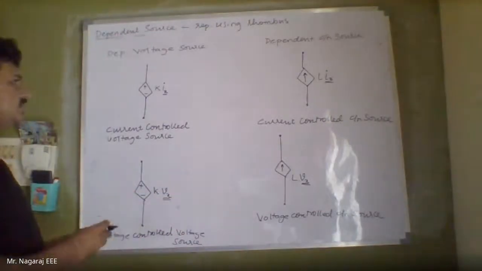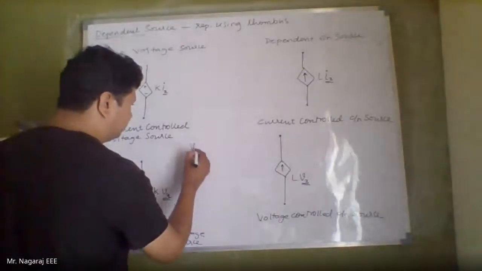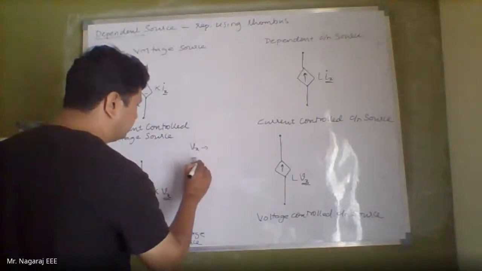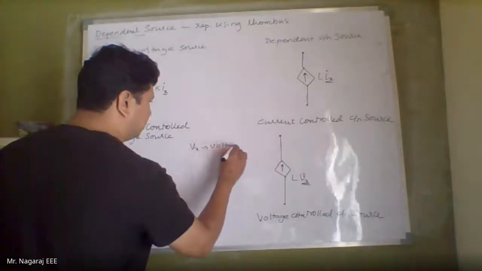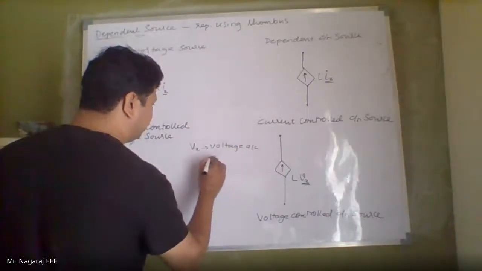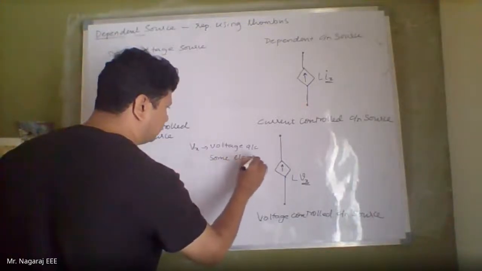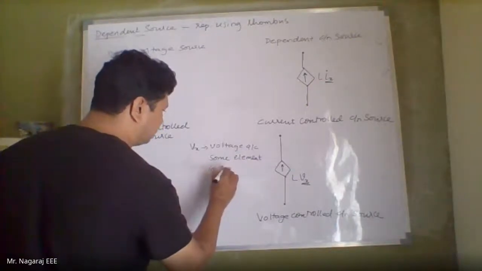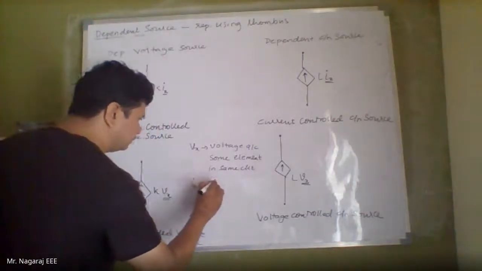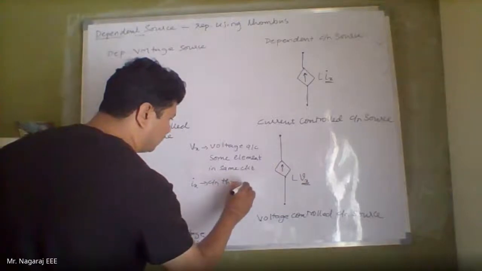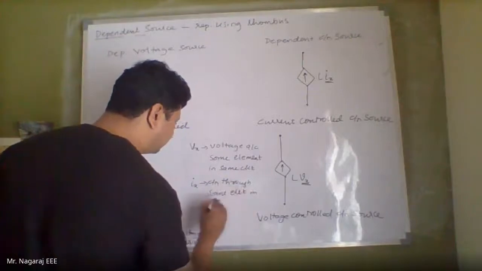Whereas Vx and Ix: I will write Vx is the voltage across some element in the same circuit, and Ix is the current through some element in the same circuit.